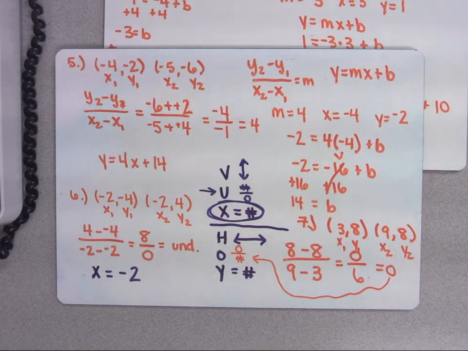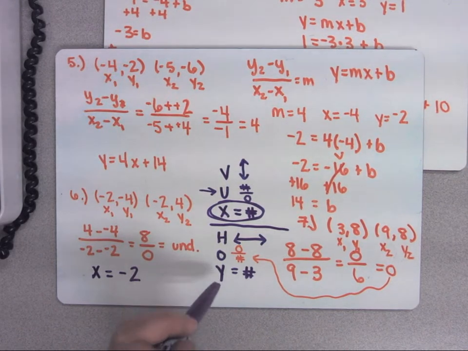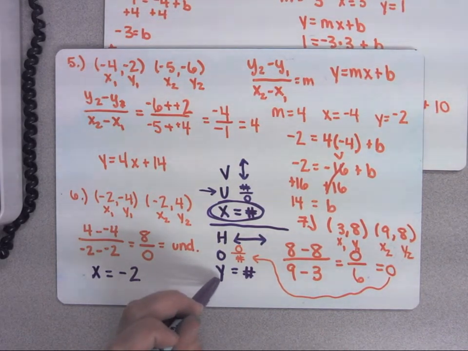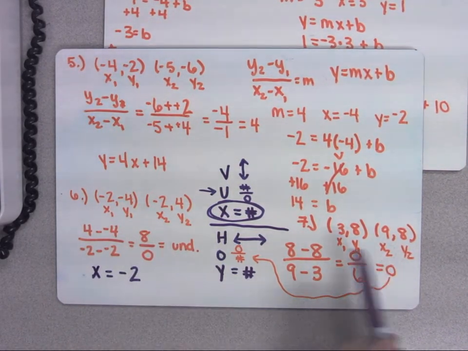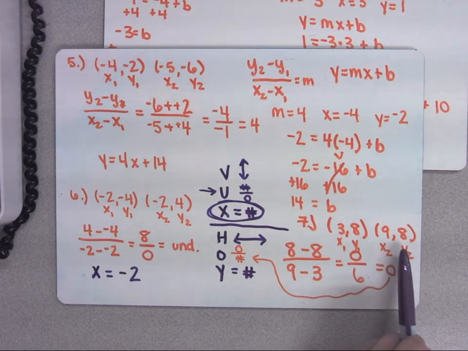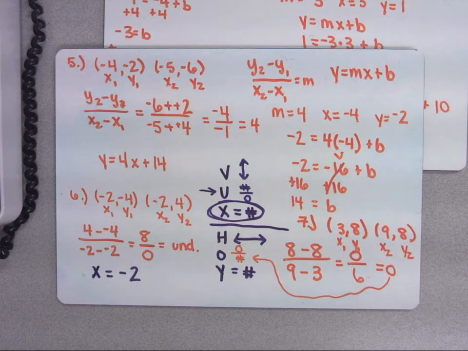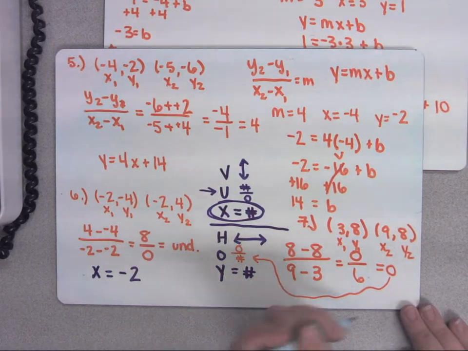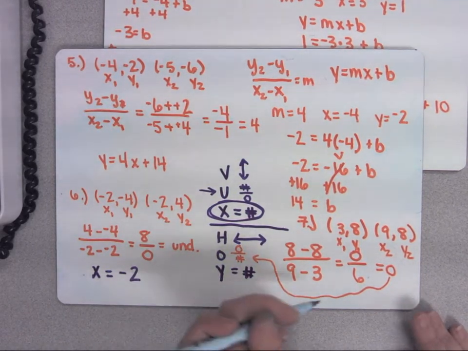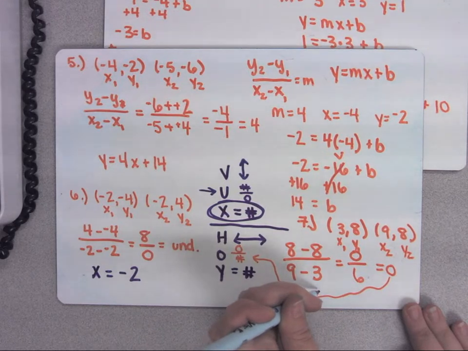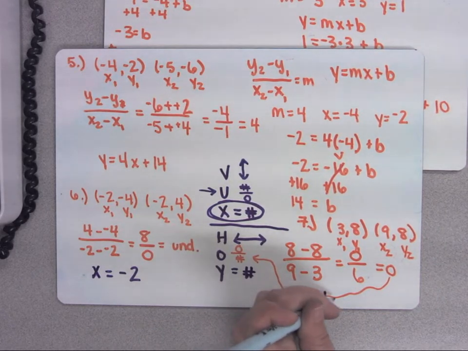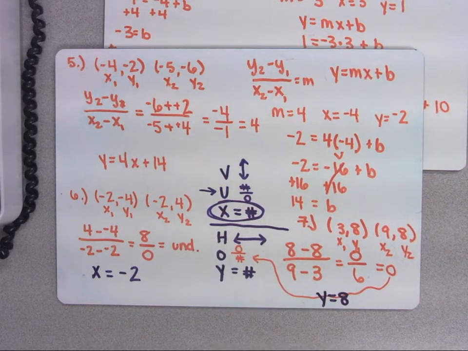So our equation is going to be what? Y equals a number. Look over here. What's our y equals? 8. So Ethan, for my answer that I would type in to Alex, I would write what? Easy, done.